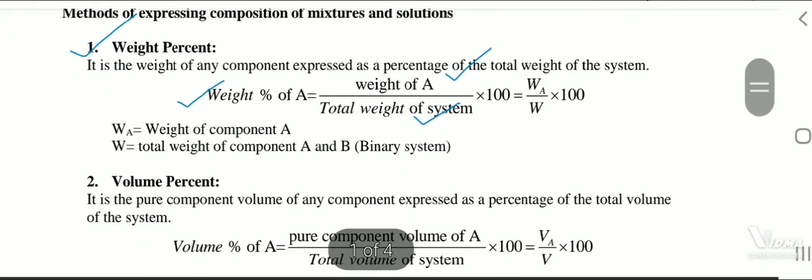Now the second is the volume percentage. The volume percentage of A equals pure component volume of A divided by total volume of the system times 100.